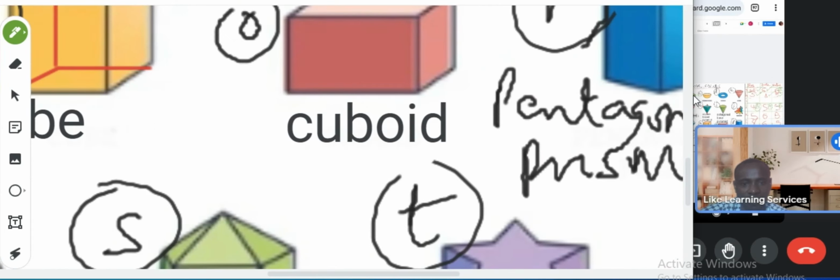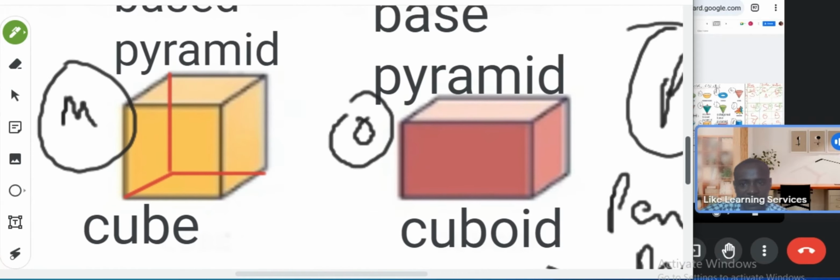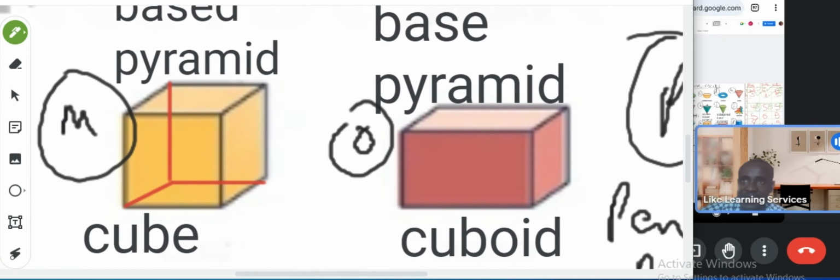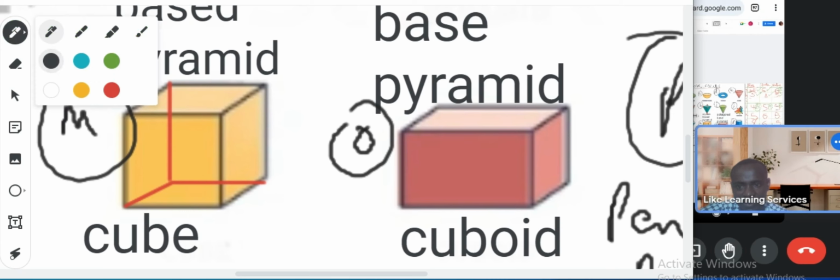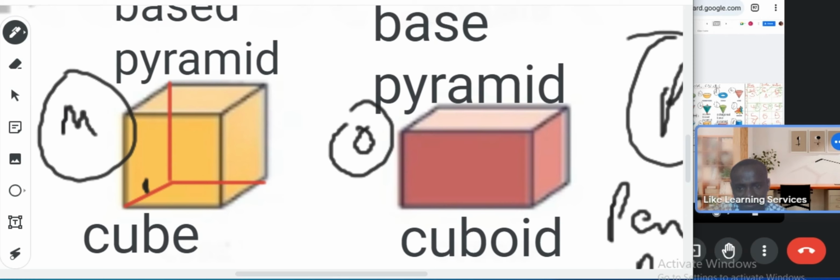What did you write for the sides or the edges? Right, I wrote 9. Okay, let me count. I can even number it. 1, 2, 3, 4, 5, 6, 7, 8, 9, 10. It's more. 11. It's more than 12.